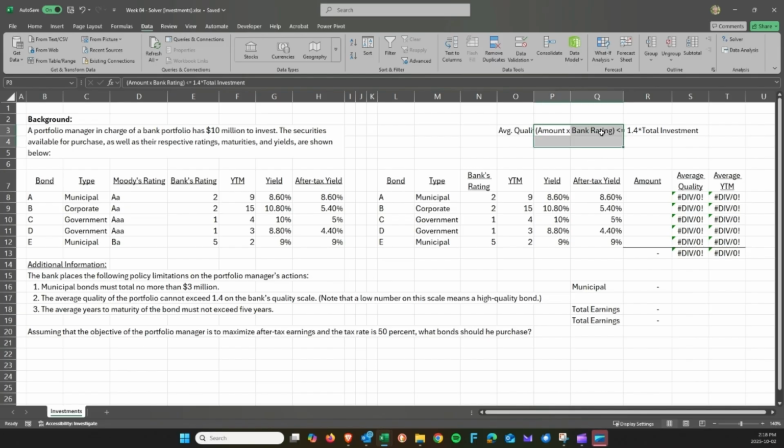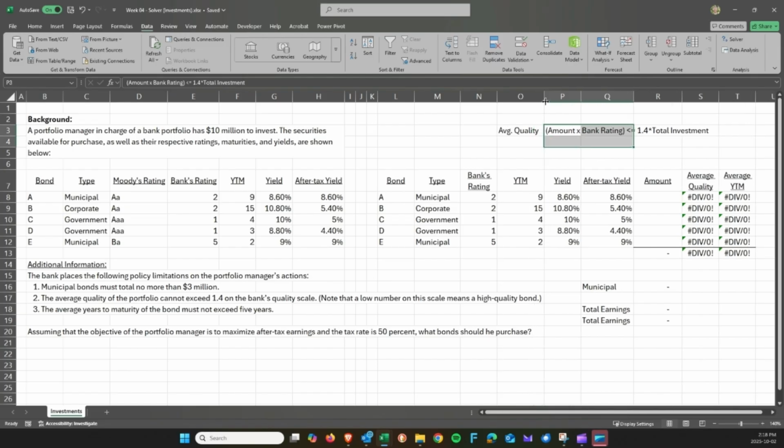Is maybe another way of going about this, and it's going to be the same approach for yield to maturity. Instead of actually calculating what the weighted average is, I'm going to express it differently. So I'm not doing any divided by 0 at all.